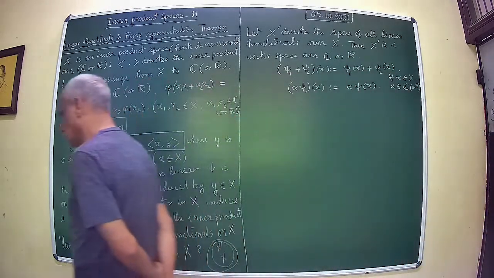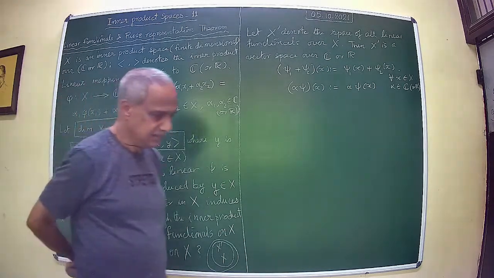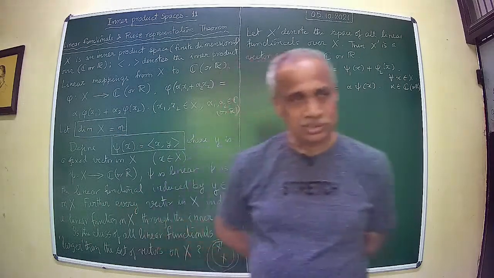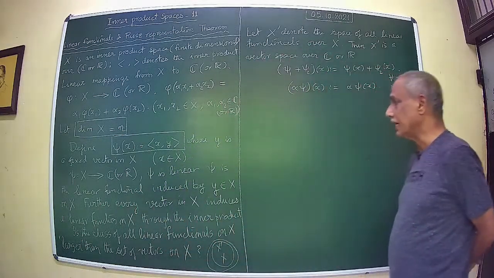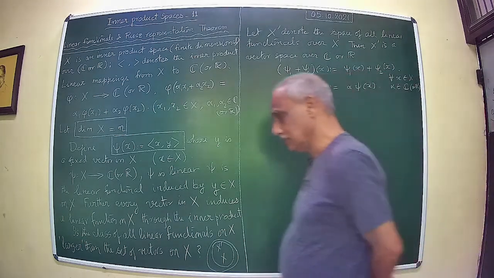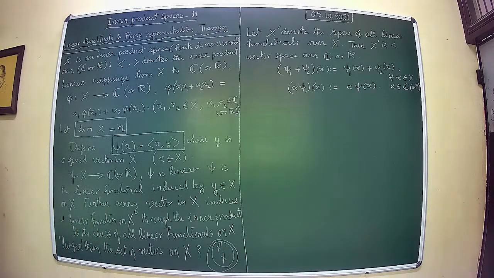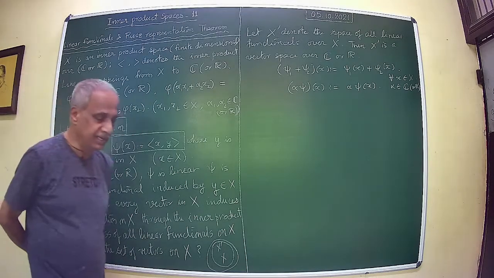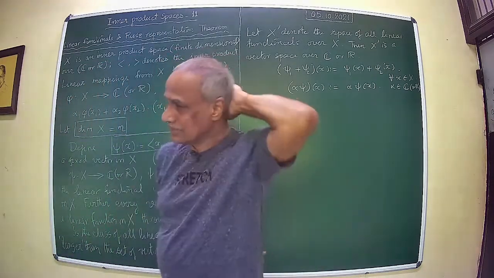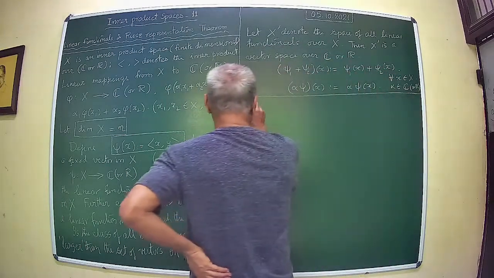Right? And we shall ask questions like, can you have these structures in a natural way induced so that x prime also becomes a space with possibly an inner product? That is the question.